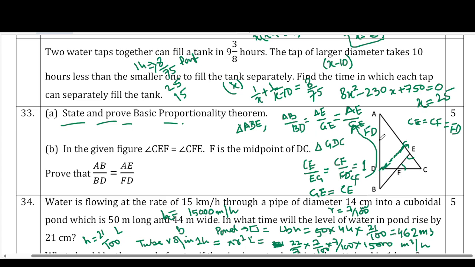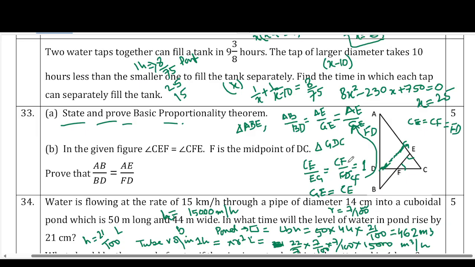For this, draw a line DG parallel to BE. From the parallel line theorem, the proportionality theorem, in this triangle we get AB by BD equals AE by EG.